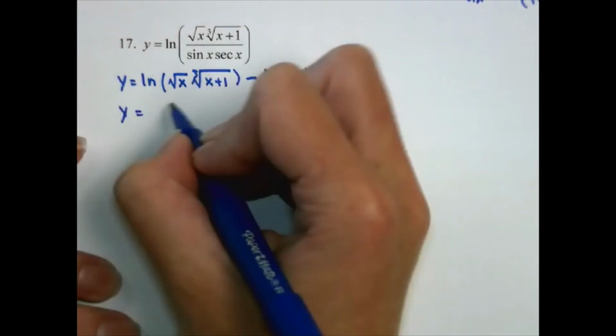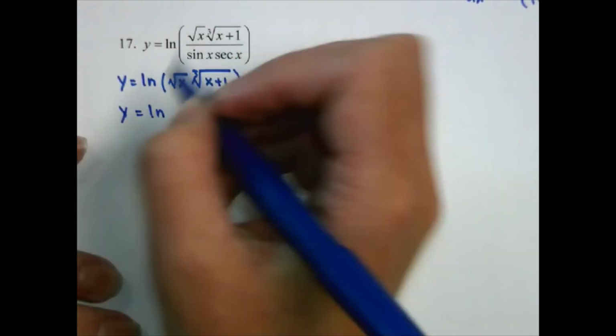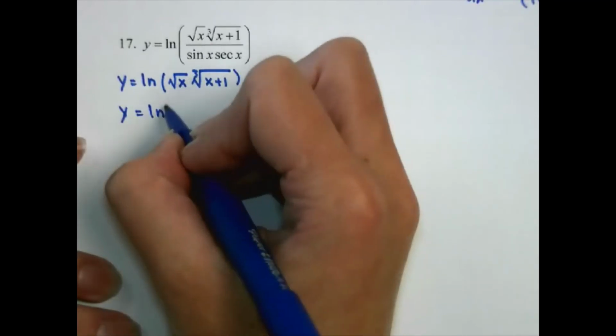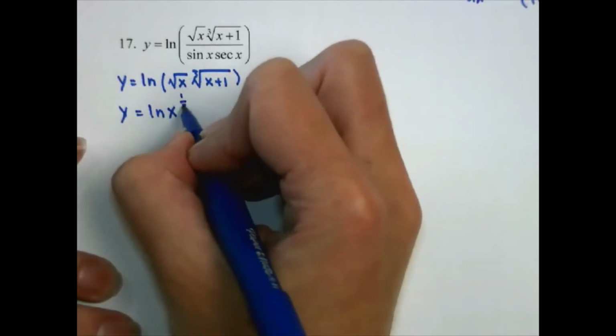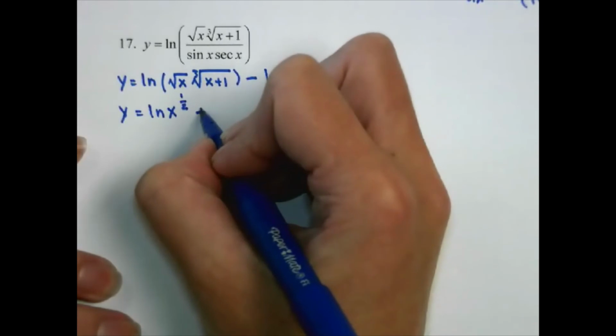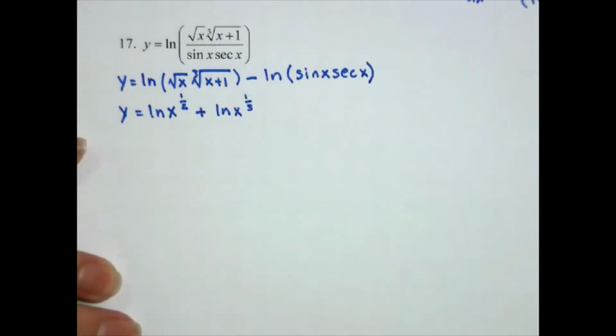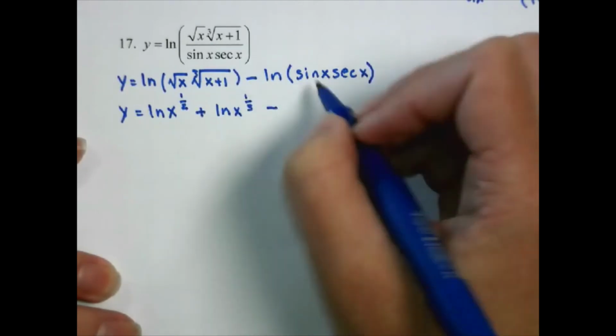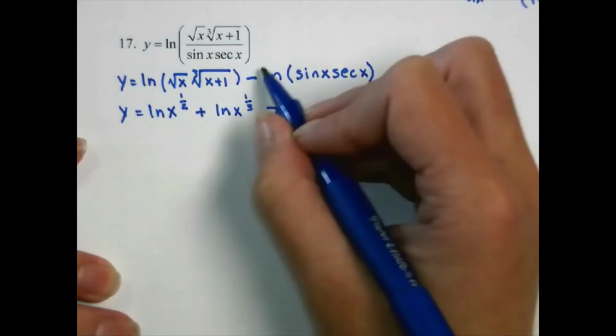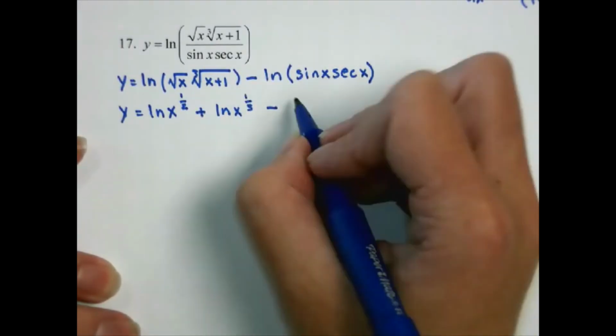So the product here, this is going to be natural log, and I'm going to rewrite this x square root of x as x to the 1/2, plus natural log of x to the 1/3, minus, this is going to be a product, but this minus will distribute.